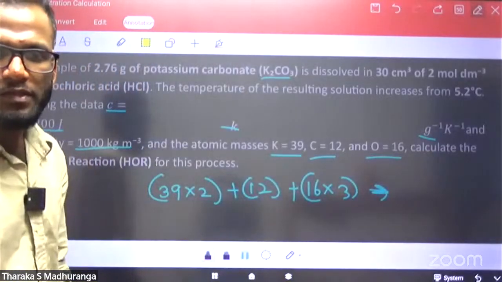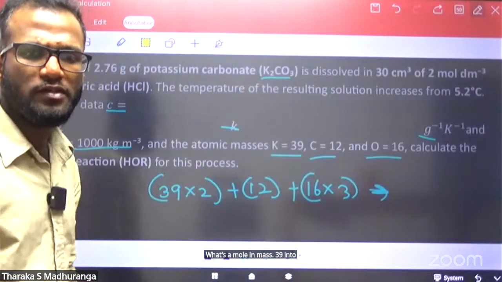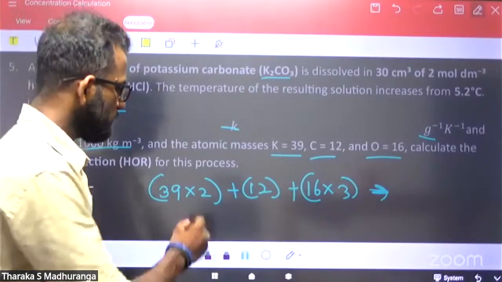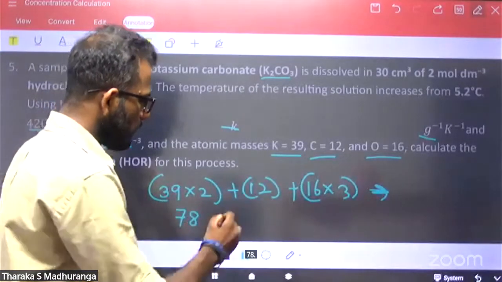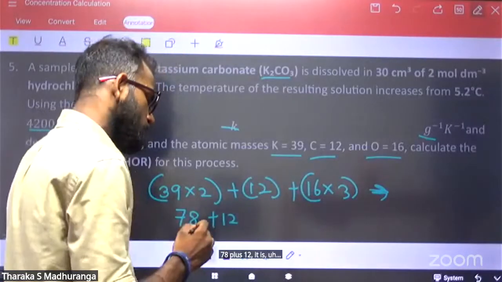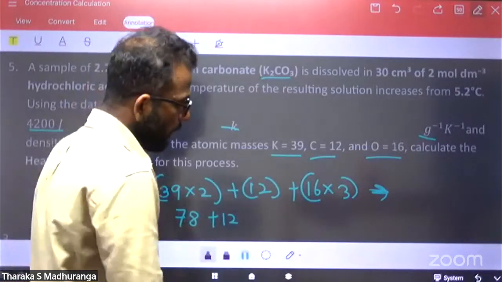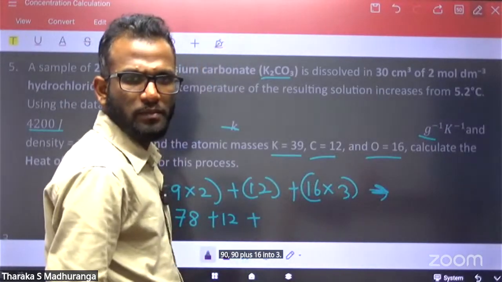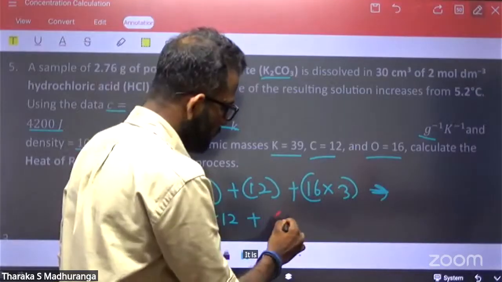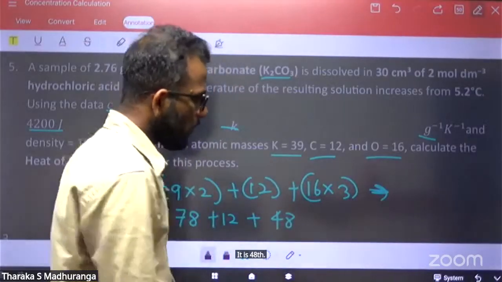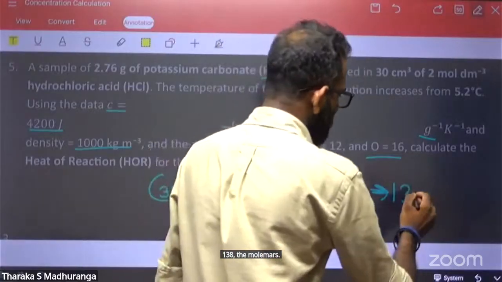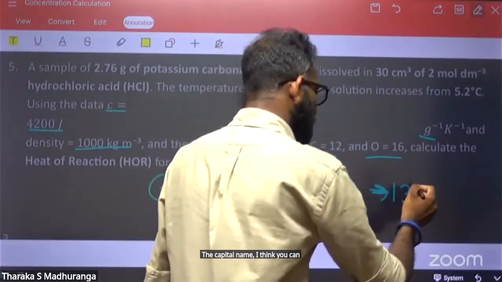What's the molar mass? 39 into 2, it is 78. 78 plus 12, it is 90. 90 plus 16 into 3, it is 48, 138, the molar mass. The capital M, I think you can remember last week.